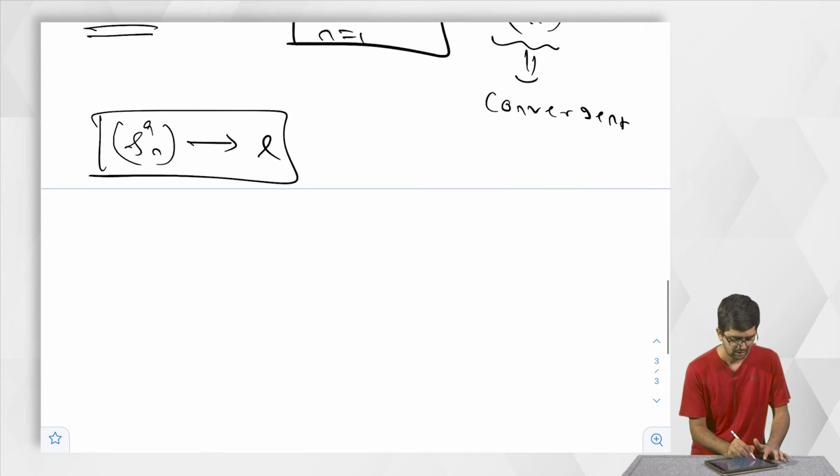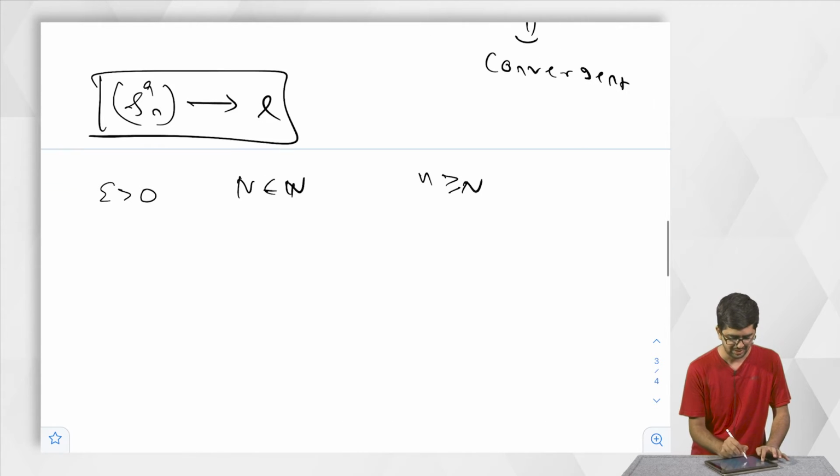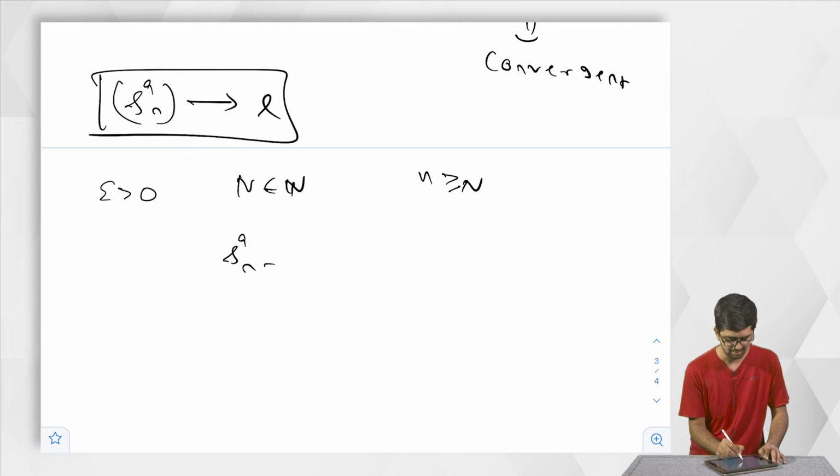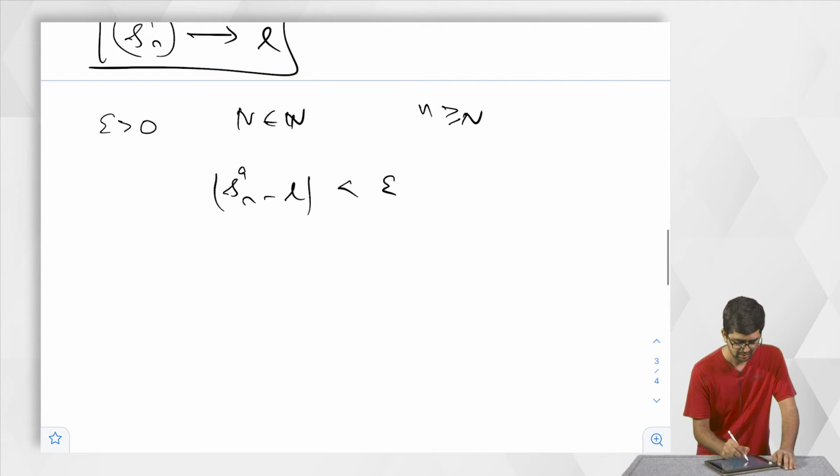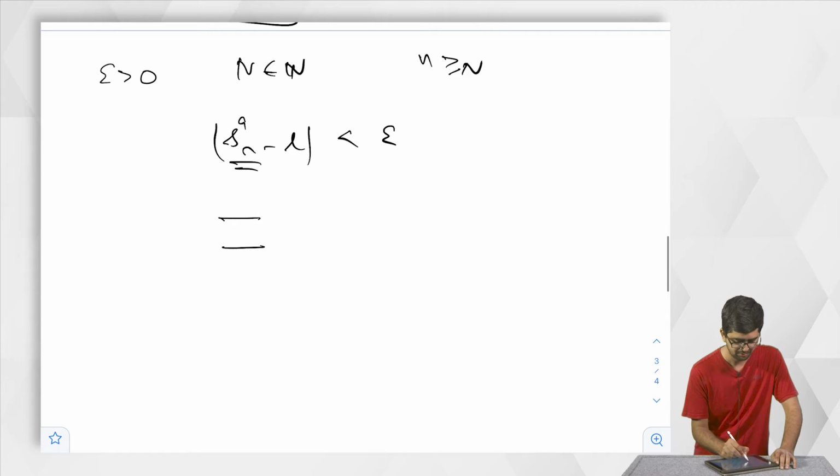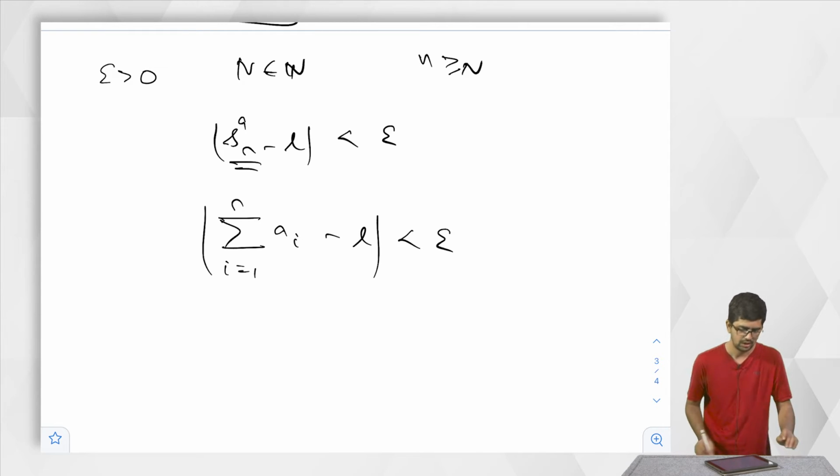So what do we have? Given epsilon positive, there is N belonging to the naturals, such that for every n greater than or equal to N, we have |S_n minus L| less than epsilon. And what is this? This is |summation i equals 1 to n of a_i minus L| less than epsilon.